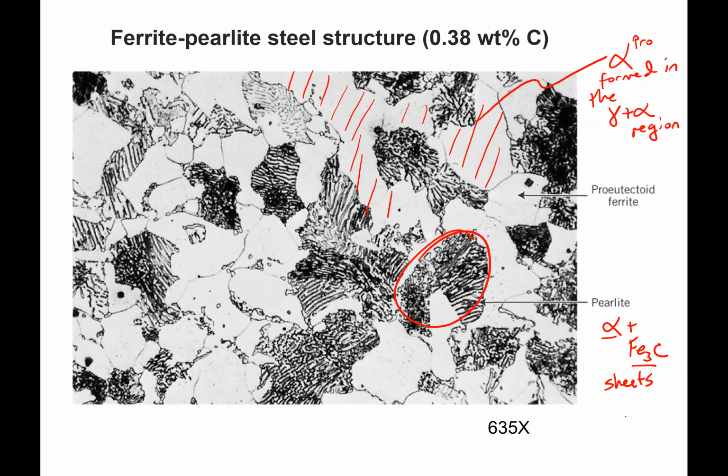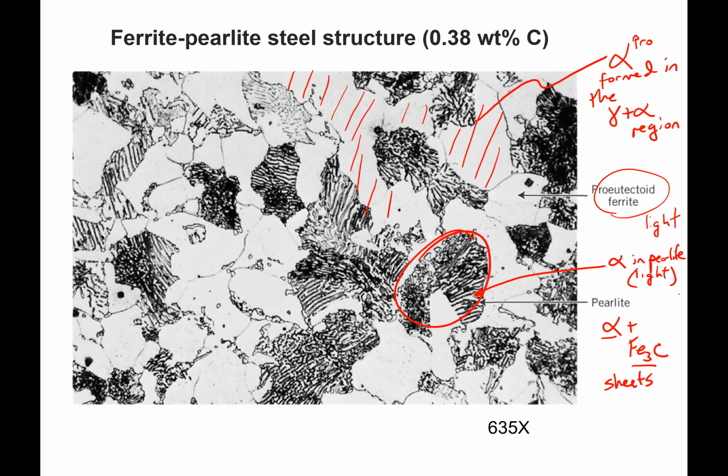Just like before, since this pro-eutectoid ferrite is light in contrast, then the light regions in the pearlite would be ferrite in pearlite. And then the dark regions would simply be the cementite in the pearlite. We're separating these microconstituents all out.